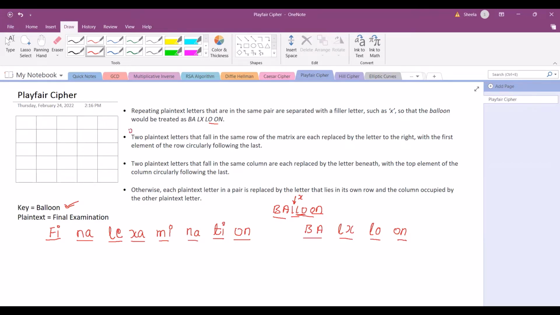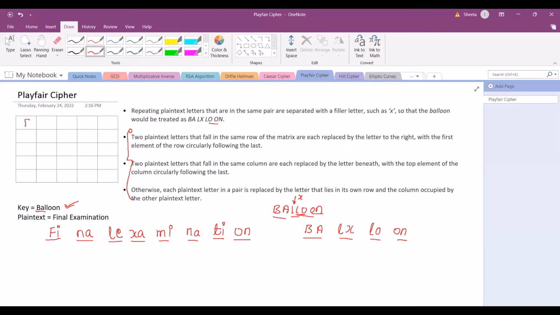These 3 rules indicate the encryption process, but in order to do encryption, first let us consider the key matrix. How to fill the matrix? We consider the letters given in the key in order, but each letter must occur only once while constructing the matrix.